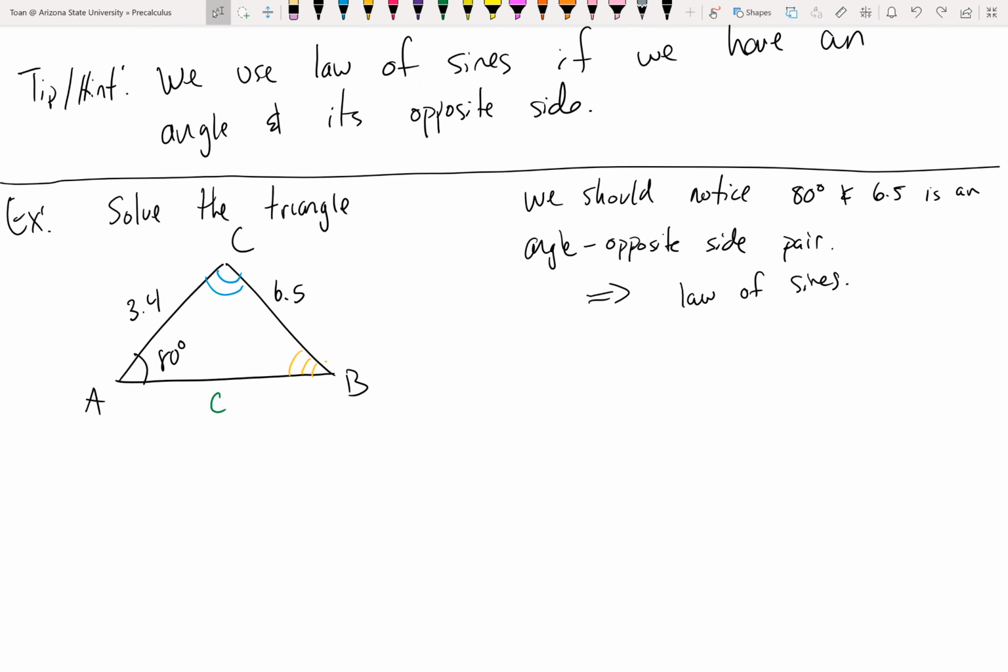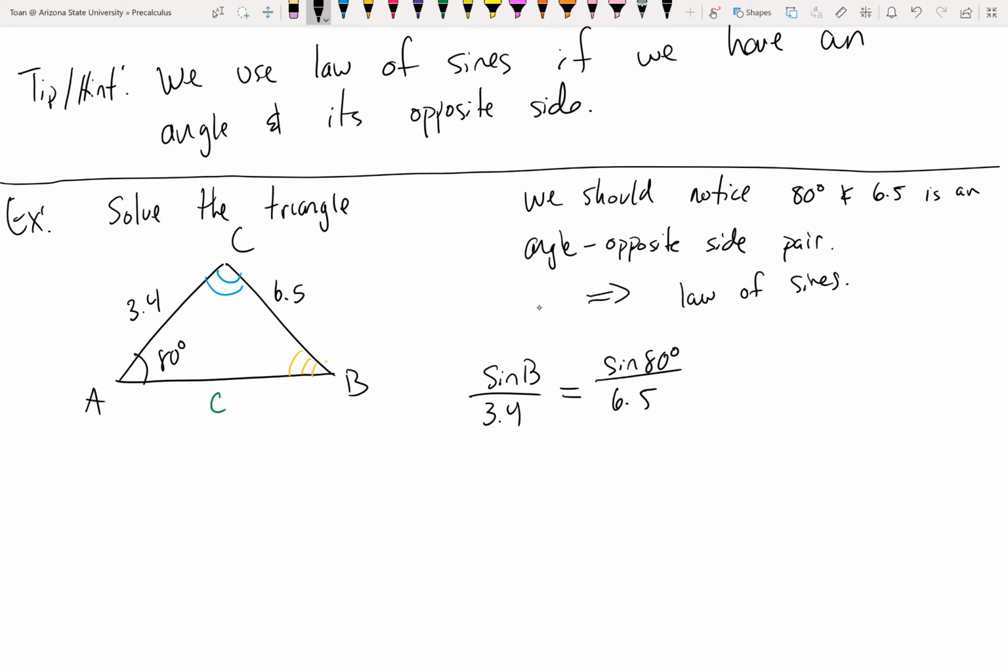I typically like to put the thing that I'm solving for in the numerator. So since I'm solving for angle B, I'll start off with sine B. Then in the denominator would be the side length. Remember, it's always the opposite side, so 3.4. So then you set it equal to another angle opposite side pair. Well, the only one we have is this guy, so set it up. Sine of 80 over his opposite side.